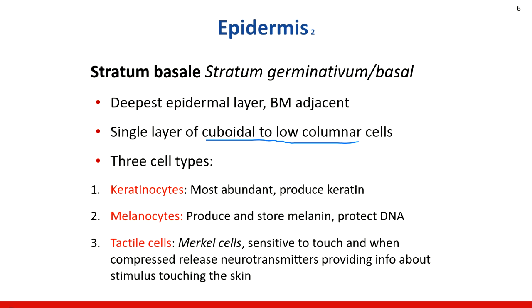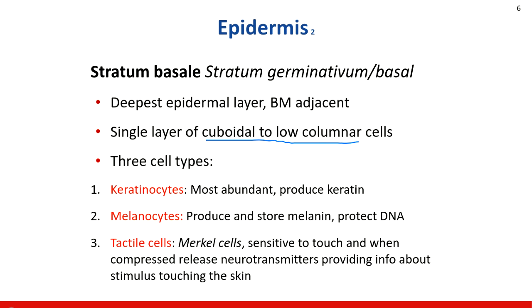When dealing with stratified epithelium, we name it for the shape of the cells in the apical layer, the topmost layer, the superficial layer. So even though these cells are cuboidal to low columnar in this deep layer, the stratum basale, don't worry about it. As they migrate and move towards the surface, they actually take on the eventual shape of squamous cells.